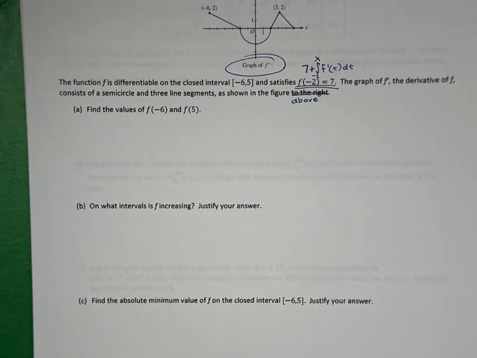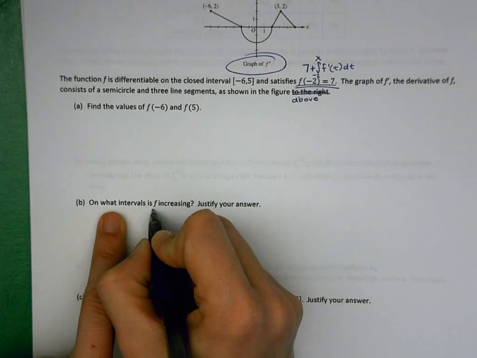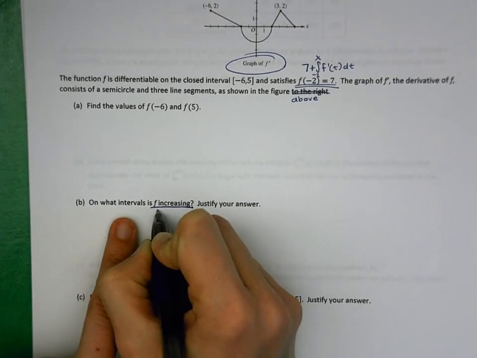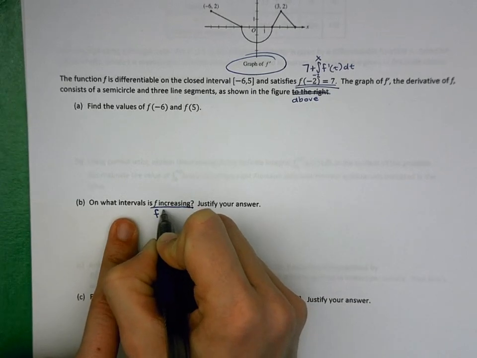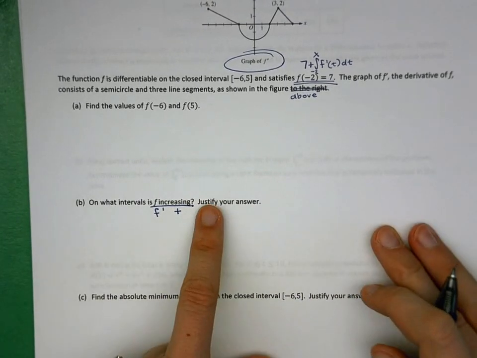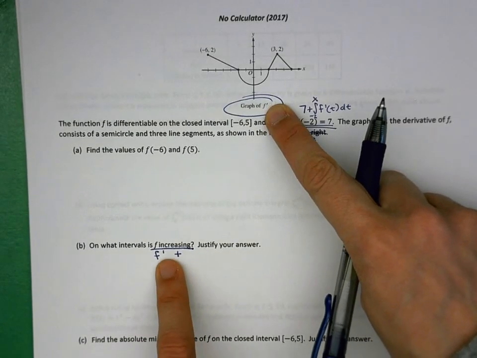And I wrote out the table that we used back in Unit 3 in our Monday notes video. And so I would recommend looking at that table if you need to, but what does it mean for f to increase? Well, f increasing means f prime is positive, and so this is asking me where on this graph of f prime is my f prime positive or above the x-axis.